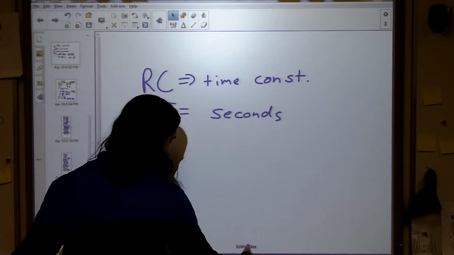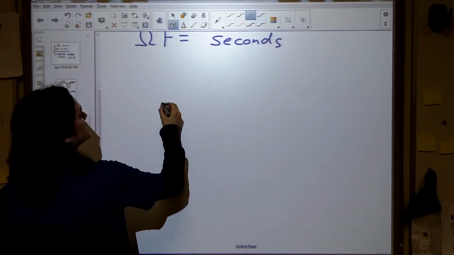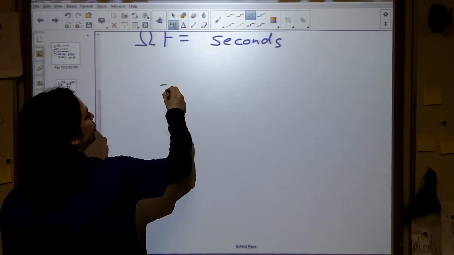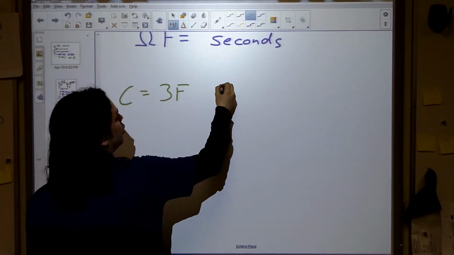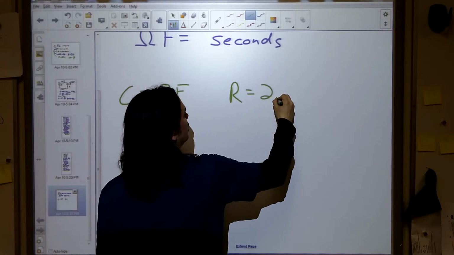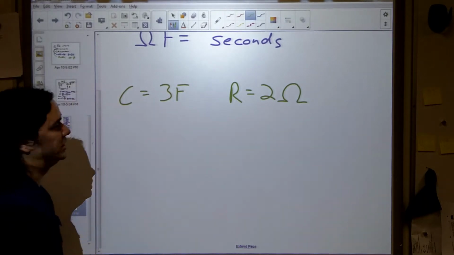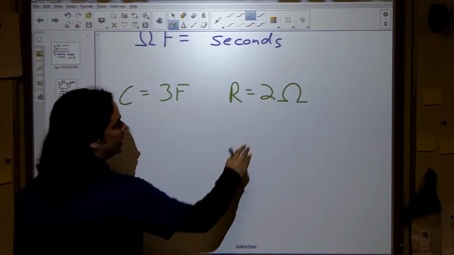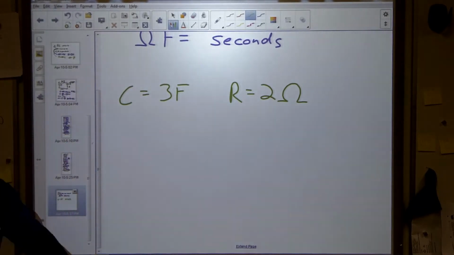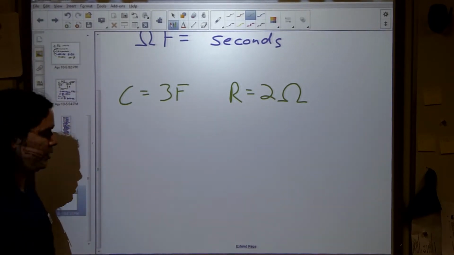So here's where I'm going to start throwing in some numbers. Let's say that we've got a 3 farad capacitor and a 2 ohm resistor. These are kind of ridiculous values. In reality, I should have something like 3 microfarad and a 2000 ohm resistor, but I'm just going to take these numbers and we'll go with them.